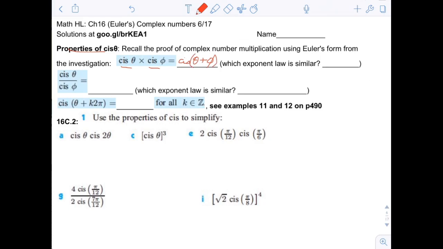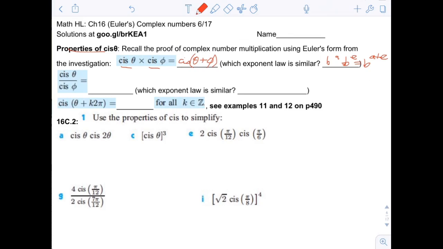Which exponent law is similar? It's kind of like multiplying two of the same base with different exponents, and when you do that, you add the exponents.